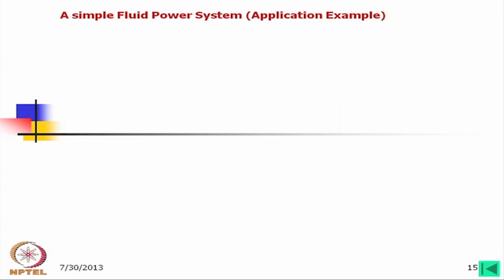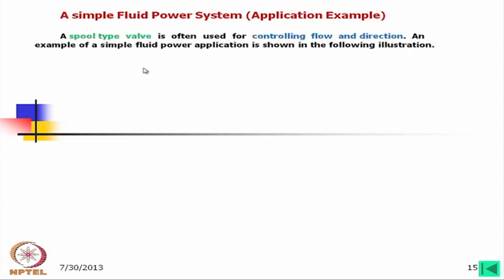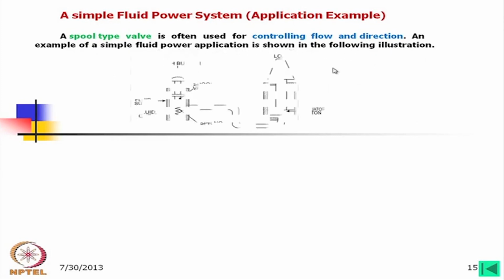A simple fluid power system application example is that a spool type valve is often used for controlling flow and direction. An example of a simple fluid power application is shown in the following illustration. What is there? We find a load is being lifted and there is a valve.